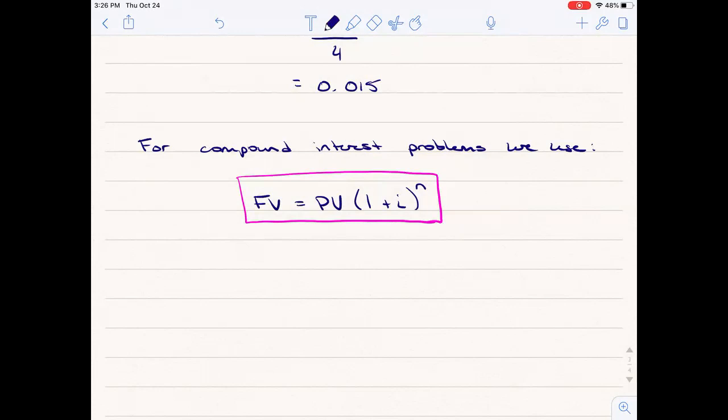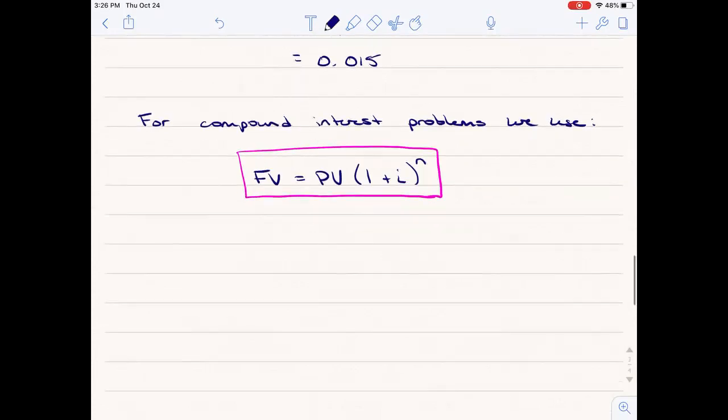You have to convert that to years and then convert it to the number of compoundings, right? So it's got this extra step where you have to find the periodic interest rate and the number of compoundings. But the information that you get is going to look similar to a simple interest problem, except you'll have compoundings, so you know it's compound interest.